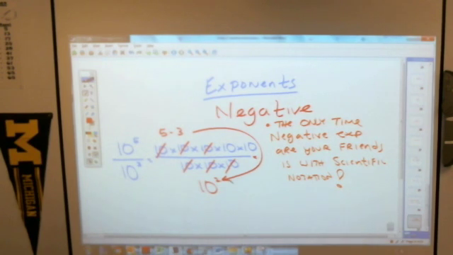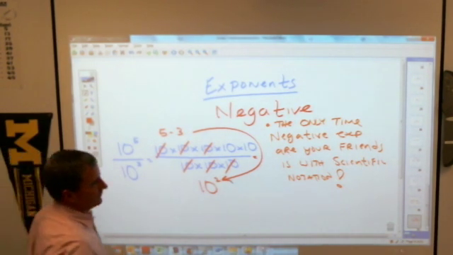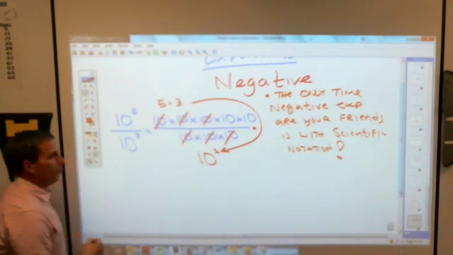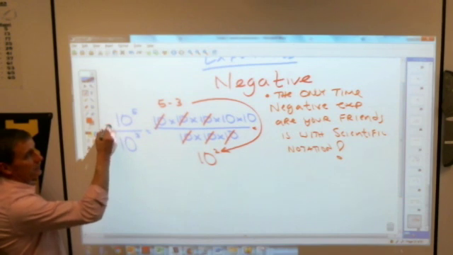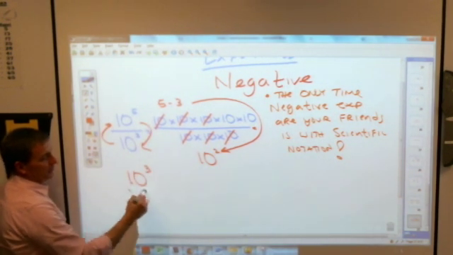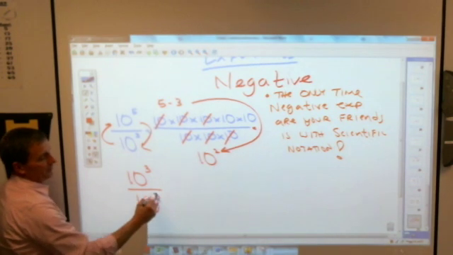Alright, here it is. This is where the dramatic drum roll may come in. Drum roll, you have to stop when I give you the stop. It doesn't sound good on the camera. What if my problem had these flipped over and the 5 was on the bottom? 10 to the 3rd over 10 to the 5th.